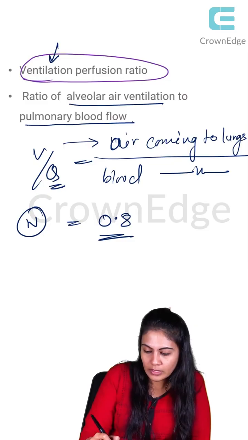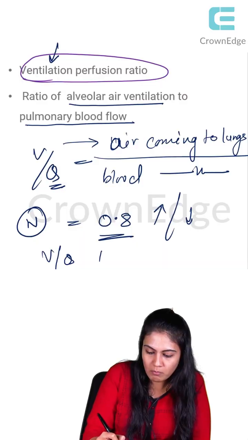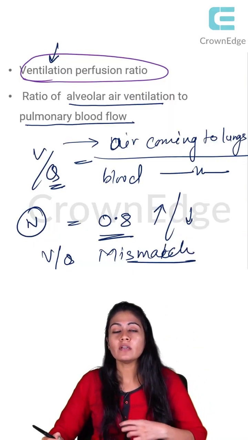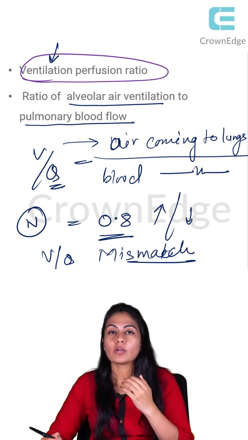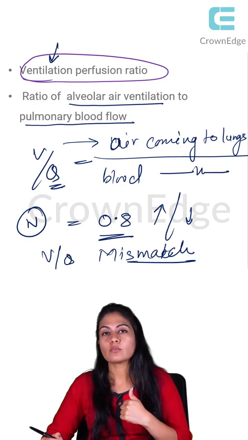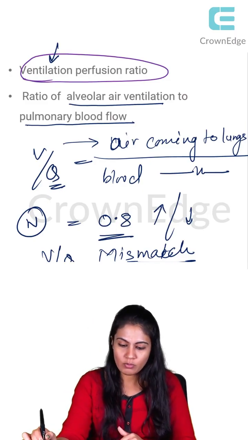If it increases or decreases, it is known as VQ mismatch. The normal level is 0.8. If it is more than 0.8 or less than 0.8, it will be known as VQ mismatch.